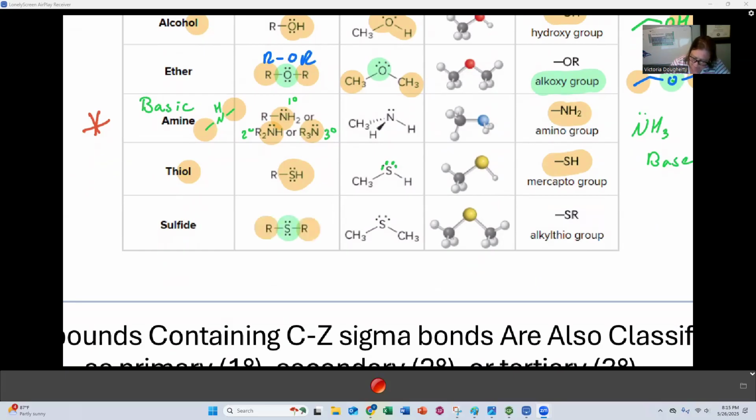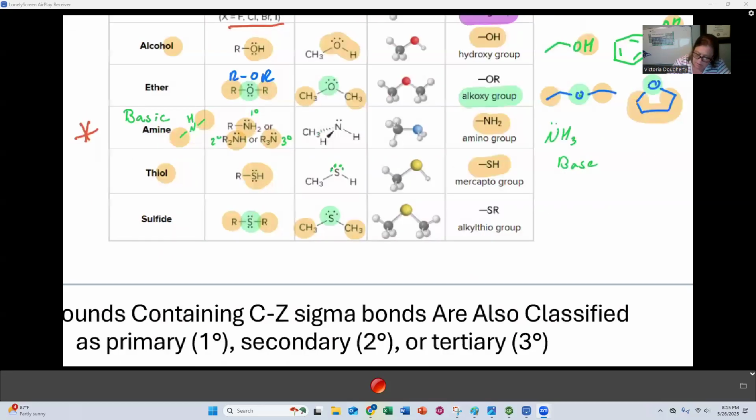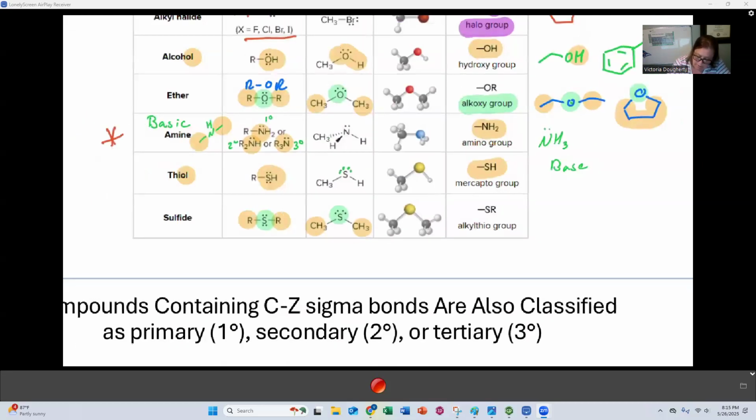Just like before, we could have a sulfur in the middle in a cyclic species. We could take these two compounds that I used for ethers, cut and paste them here, and replace the oxygens with S's. The SR groups are called alkyl thiol groups.